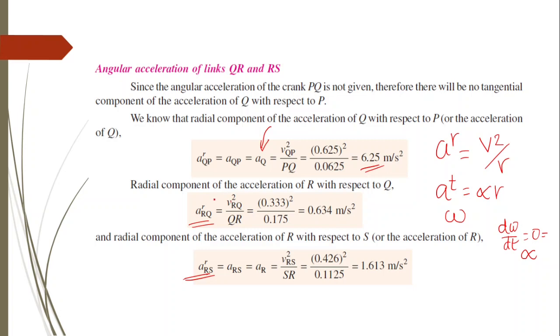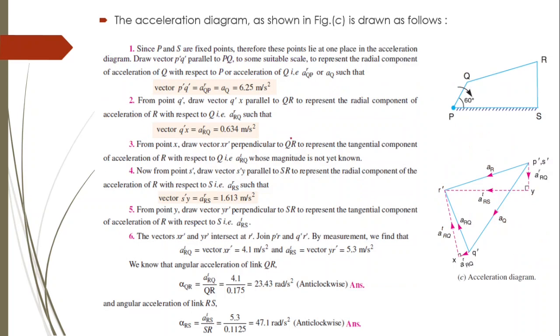There may be a tangential component also, because we cannot predict that the angular velocities of those two links are constant. So in the initial step we calculate the radial component of acceleration of RQ, then the radial component of acceleration of RS. This is the acceleration diagram.